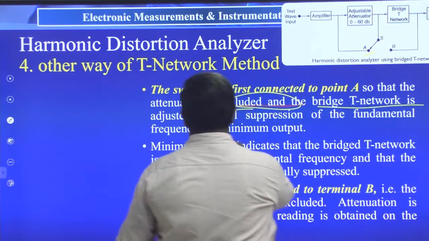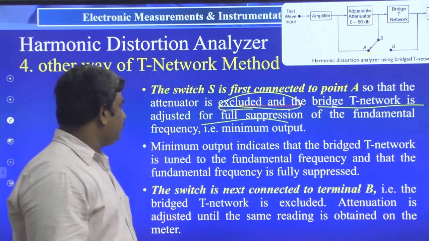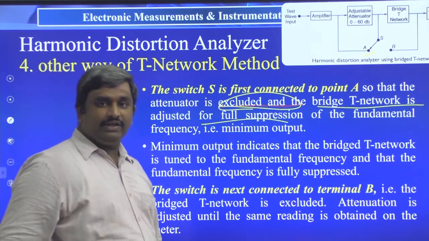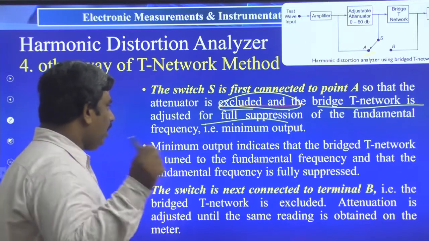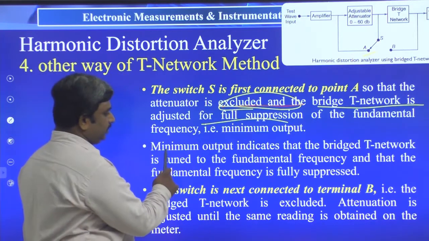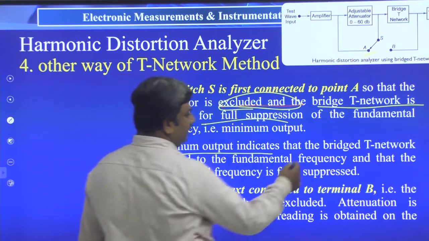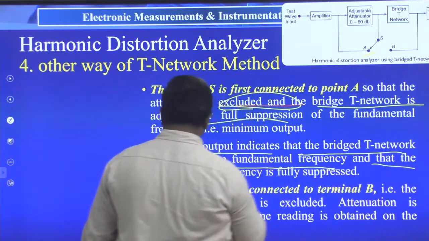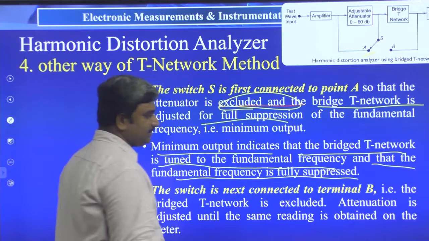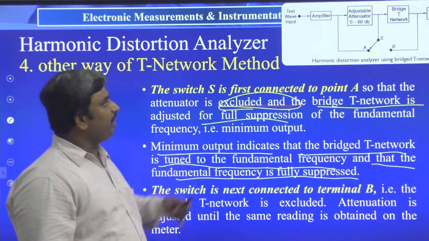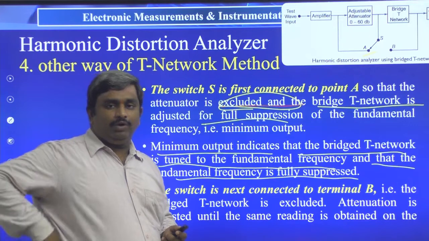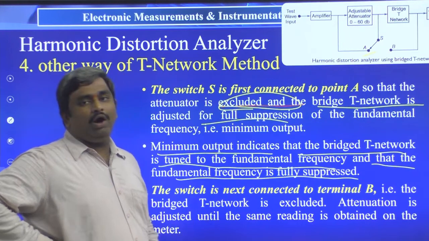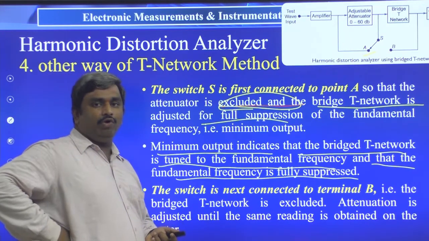At that time, we will get the minimum output. The minimum output indicates that the bridged T network is tuned to the fundamental frequency, and the fundamental frequency is fully suppressed. So whatever fundamental frequency we give as the test wave input to the amplifier is completely suppressed and does not reach the output network. There is no output available.